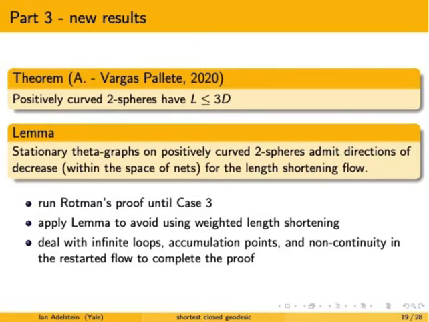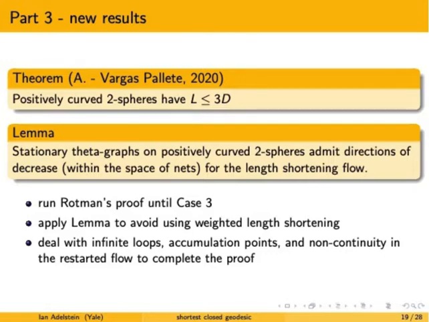So if our contraction ends up getting stuck on a stationary theta graph, we've just shown that such an object has positive index. And so we'll be able to choose the direction in which to continue the length decreasing flow. And so by applying the lemma and avoiding the weighted length shortening, we also avoid the associated increase in the bound to 4 times the diameter.